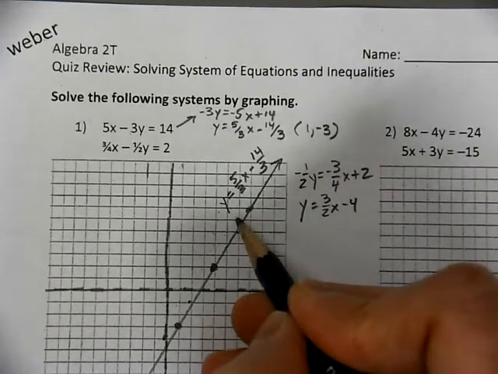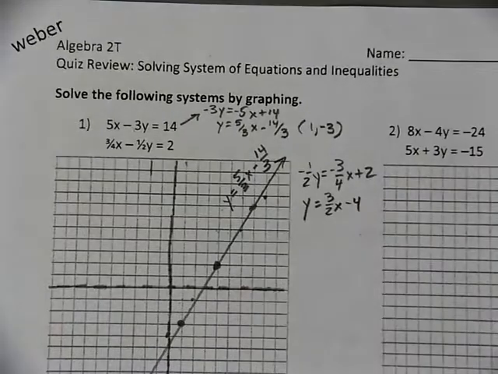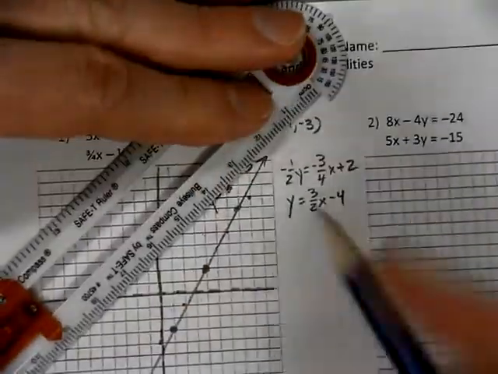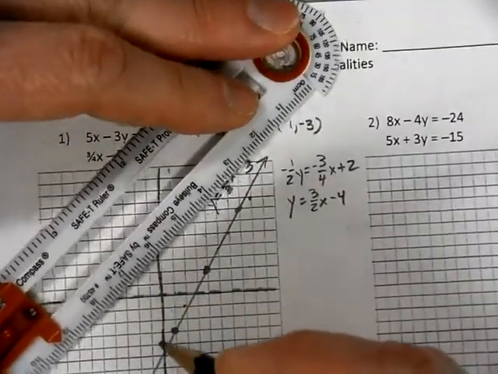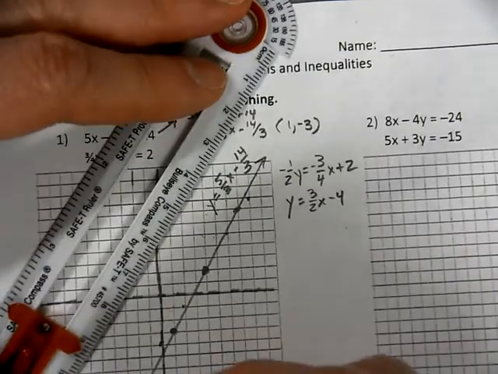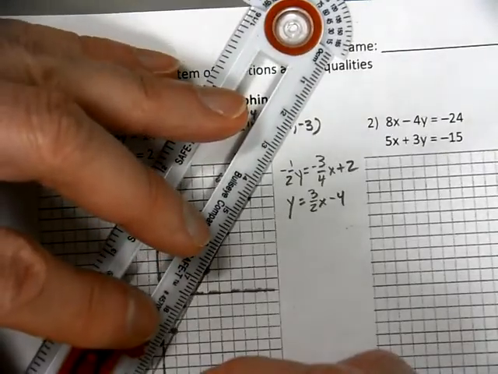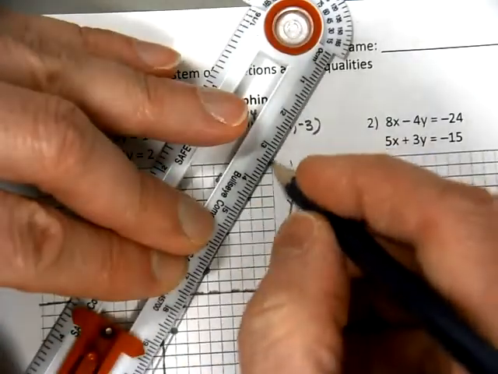Just missed it. Still missing it. It's only going to cross in one location. So down 3, backwards 2. So we have this point. The lines are really close to each other.